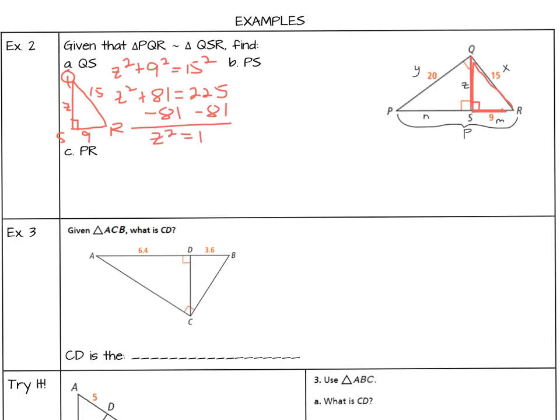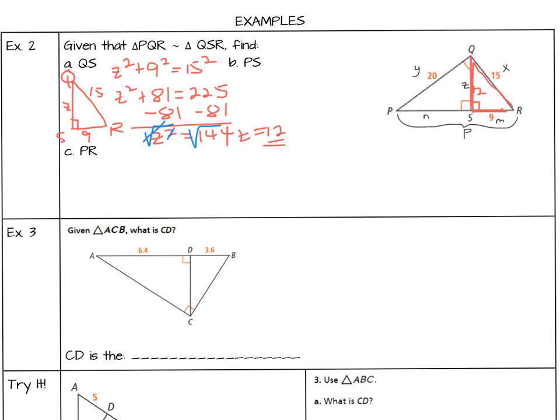And we get 144. So we've done this kind of idea before. To get z by itself, I'm going to take the square root of each side, canceling out the squared with the power of 2, and z will equal 12. So that is the length of QS. That equals 12. So I'm going to label that on my picture, and that's our first answer.